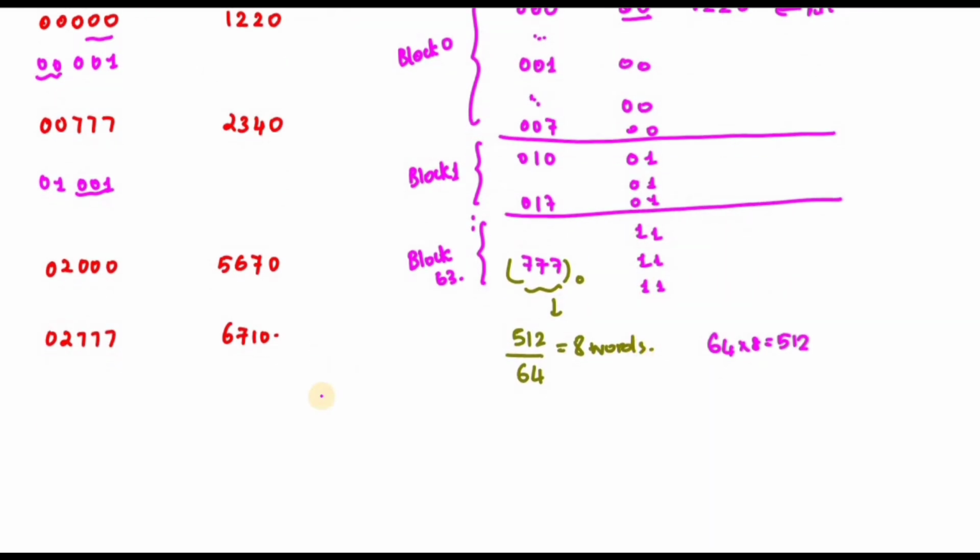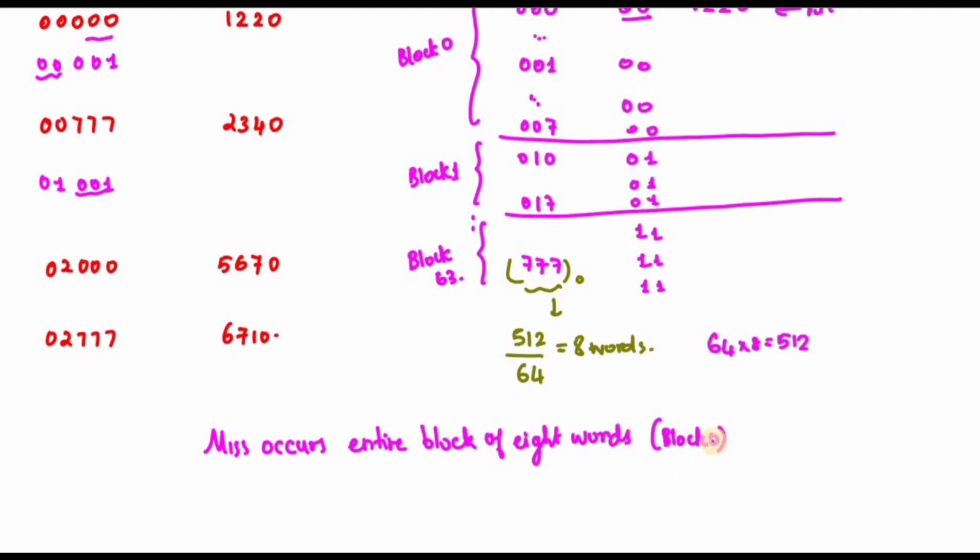So sometimes if the mismatch occurs, suppose there is a mismatch in the block 0, the entire block of 8 words, so this is my first word and this is my 8th word, totally 8 words in the block 0, the entire 8 words of block 0 would be transferred from the main memory to the cache, right?